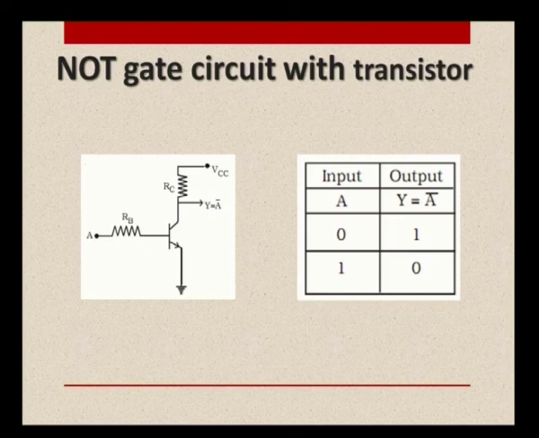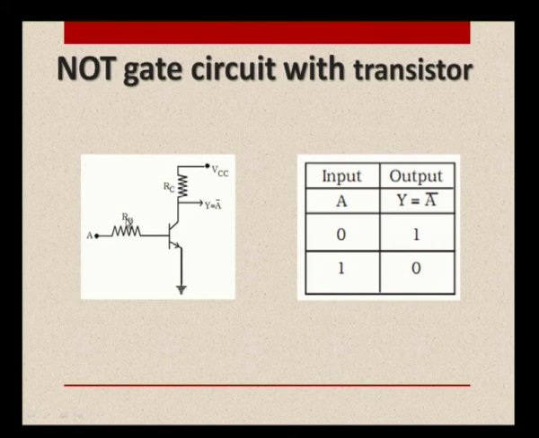We can also use some diodes, but the connections would be a little cumbersome when we use diodes, so a simple circuit in which one single transistor is used as a NOT gate is taken up for discussion here. It is an NPN transistor because the arrow mark is shown outwards at the emitter.